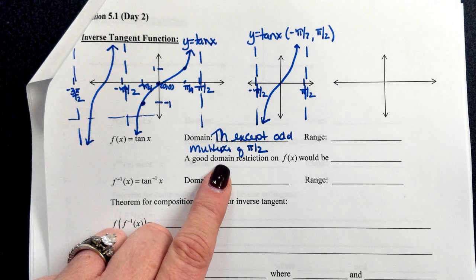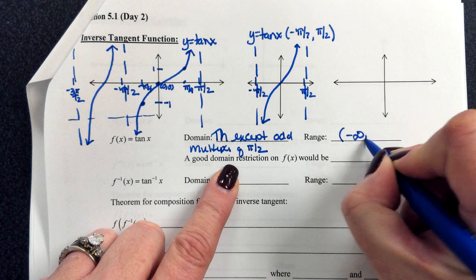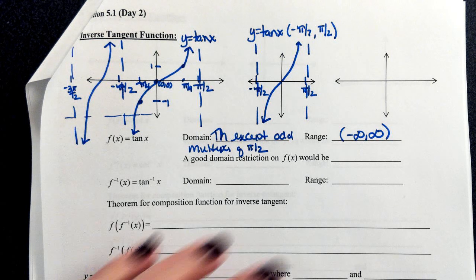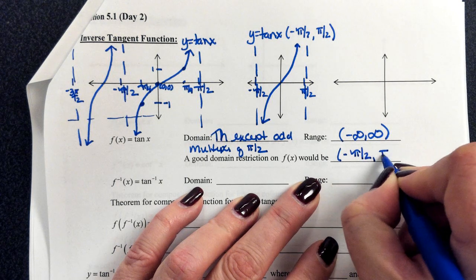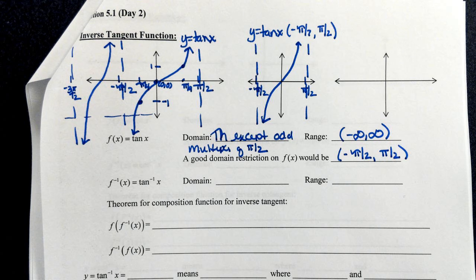So that's the domain of tangent of x. The range, and you can see that from the graph, is all real numbers. So the good domain restriction we'll place on tangent to force it to be a one-to-one is going to be from negative pi over 2 to positive pi over 2. So that's what's going to force tangent to be a one-to-one function.